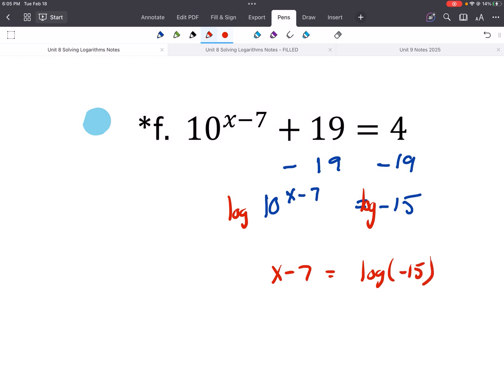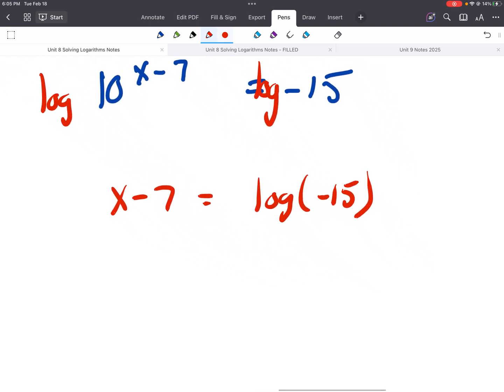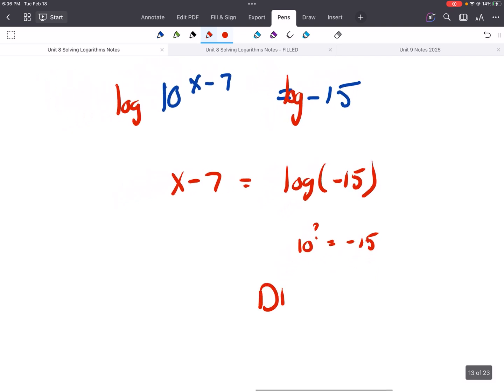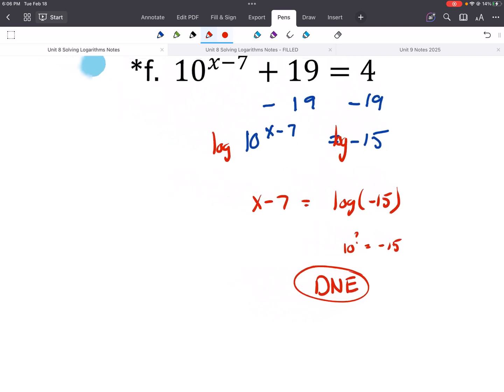So here again, we need to remember that a log puts out exponents. This is saying 10 to what power is -15. And it doesn't matter how many times you multiply 10, it's never going to be negative. So we shouldn't have an answer here. This would be a D and E, does not exist.